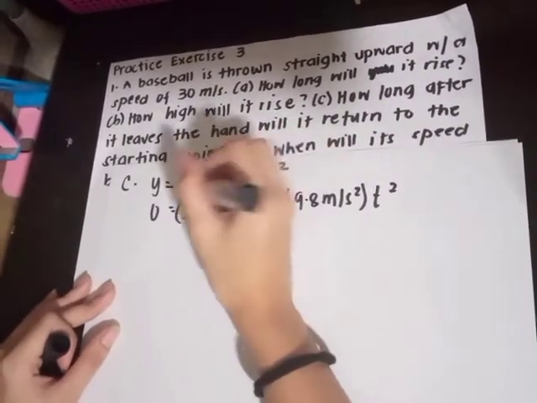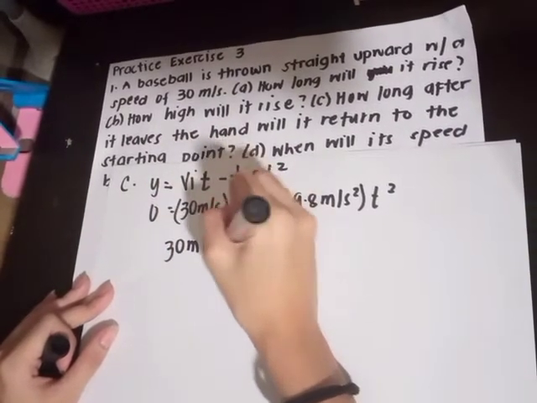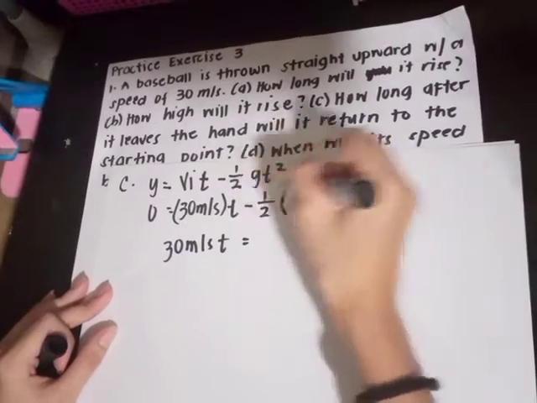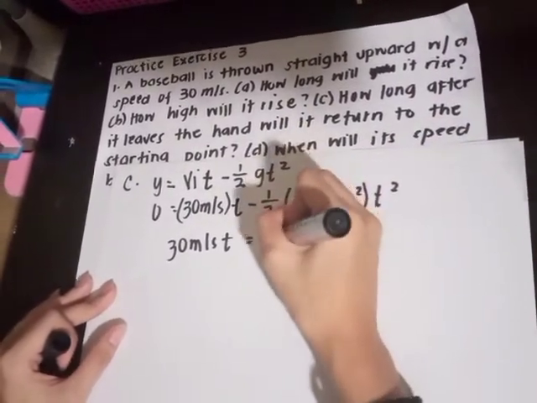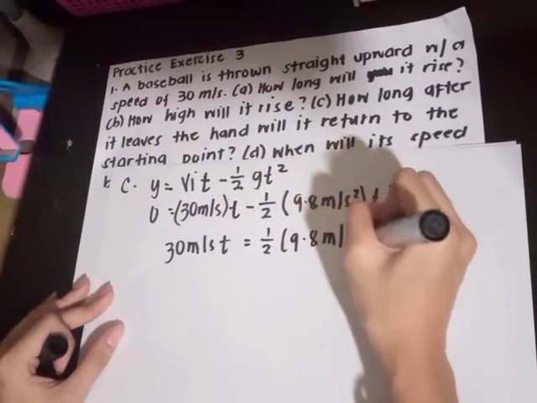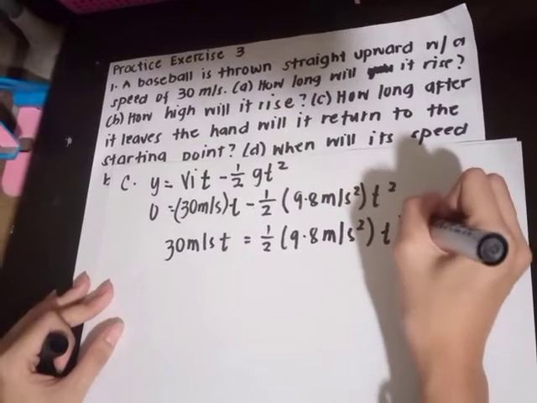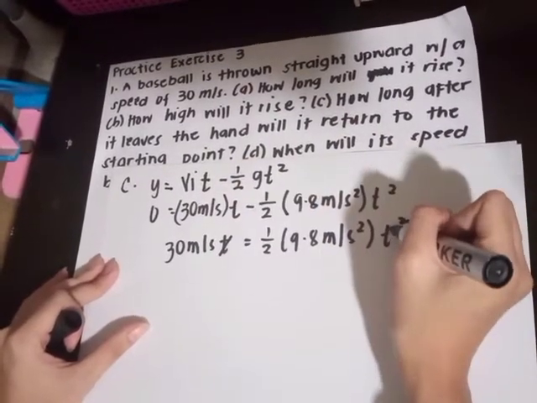So ilalagay natin ito. 30 meter per second time equals to, ito ilalabas lang natin sa kabila, kaya magiging ganyan siya. 9.8 meter per second squared, then times squared. Then cancel natin ito.